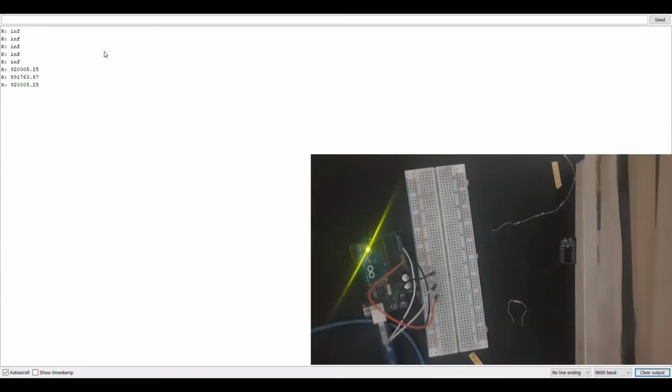So as you can see, the current readings are 0. So now let's connect the series and the parallel arrangement combination to the circuit.